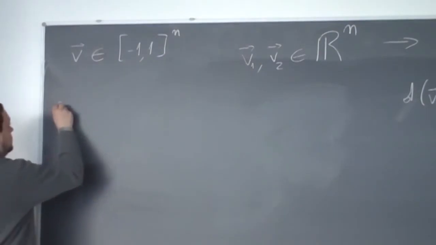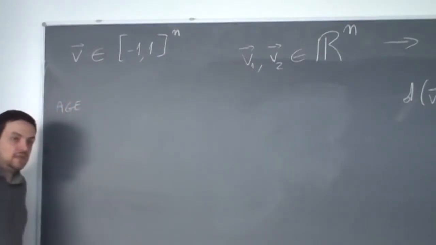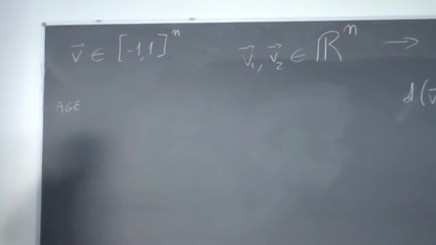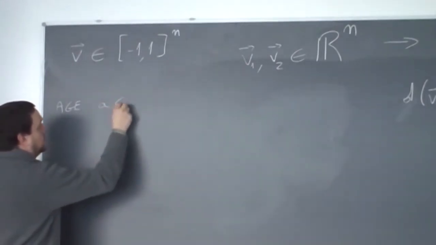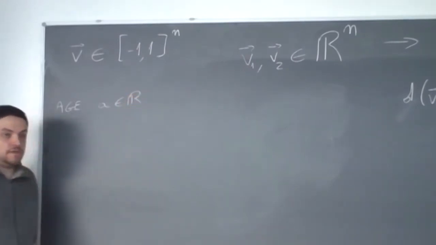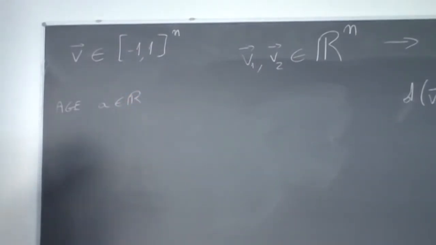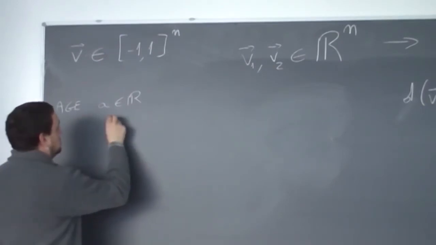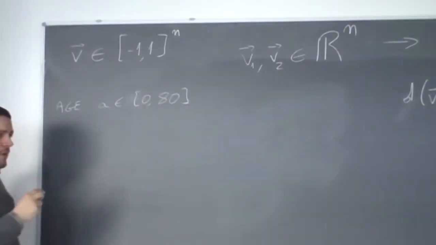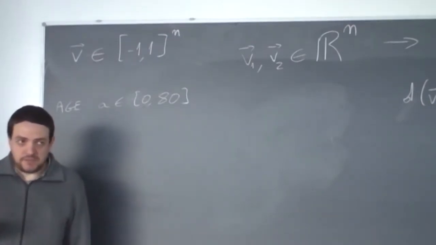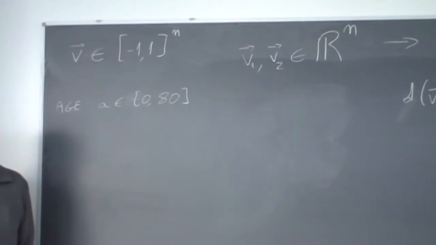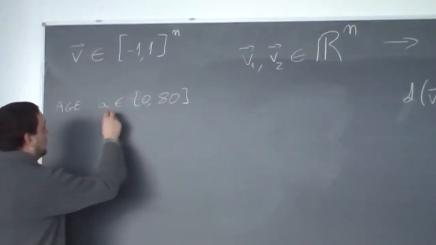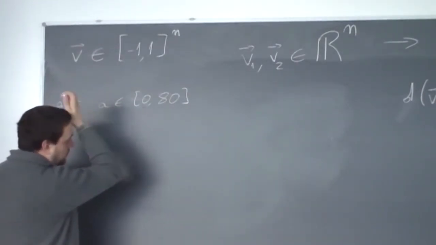The age, okay, it's a real number, and you can assume that it varies actually from 0 to 80. When we want to describe our person, rather than writing directly this number, we do this.